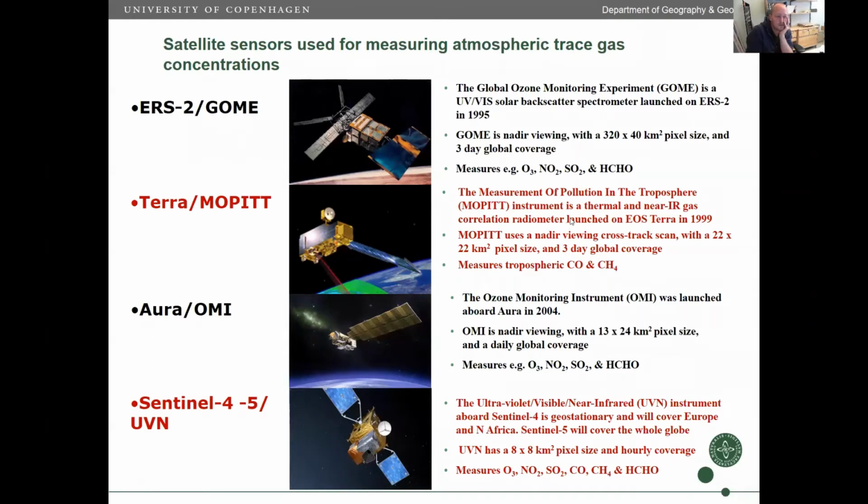So the further down here we come, the higher the spatial resolution of the sensors, where then, of course, Sentinel-4.5, just launched a couple of years ago, has the best spatial resolution of them all, and also hourly coverage, whereas these early ones only had a 3-day coverage, for example.